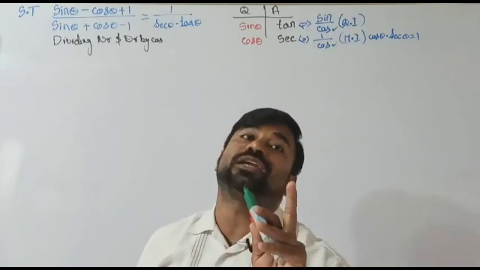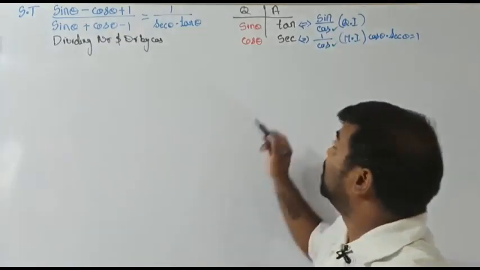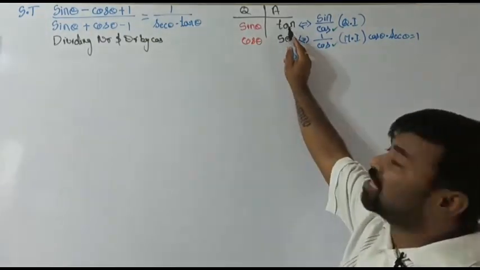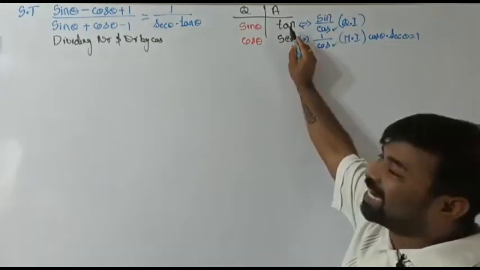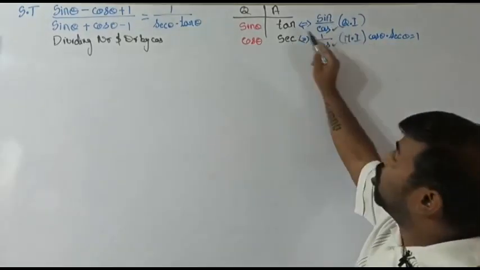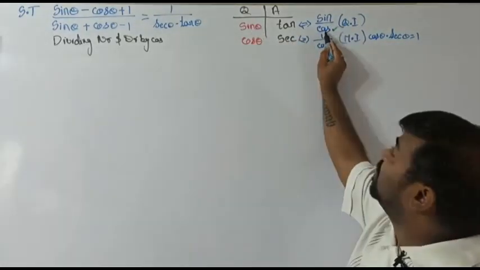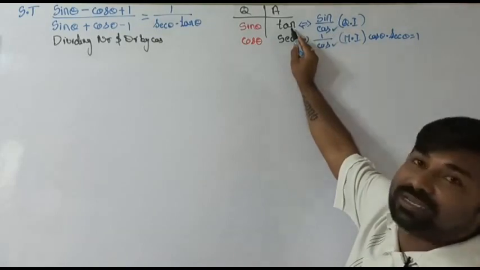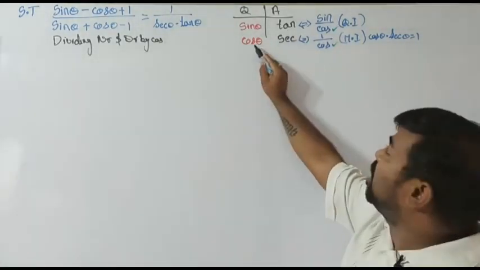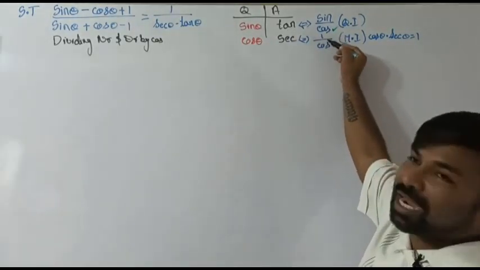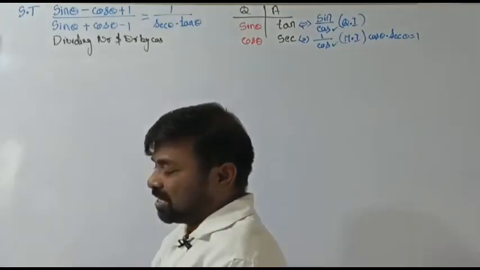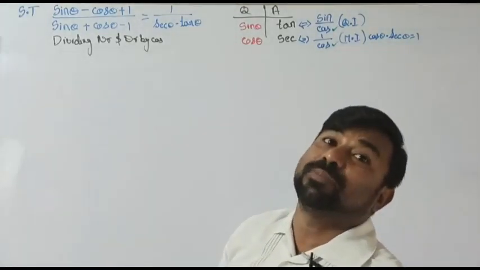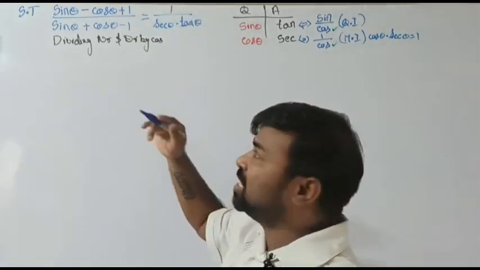Why am I dividing by cos? Because tan is nothing but sine by cos. We already have sine, and if we divide it by cos, we will get tan. We already have cos, and if we reciprocate it, we'll get secant. That's the relation we have. So I take the same question but divide the numerator and denominator by cos.